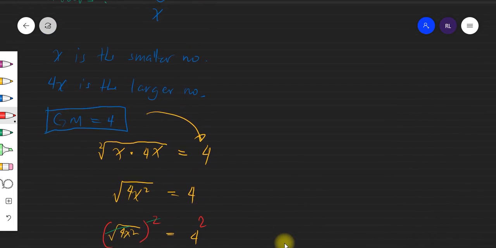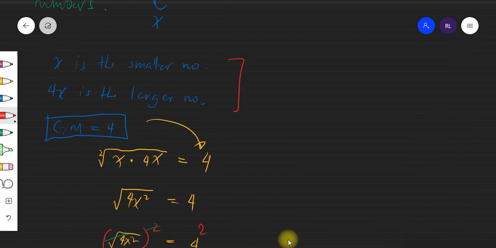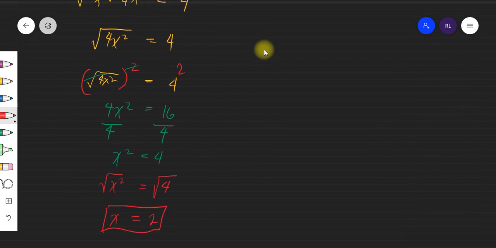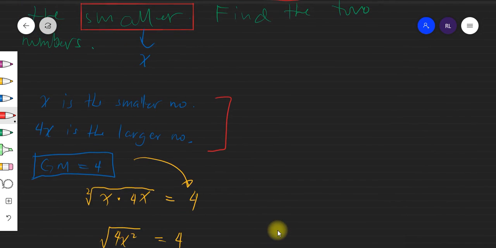So, let's go back here. What is our x? Our x is 2, and that is the smaller number. And since x is 2, we can say that the larger number is 4 times 2, which is 8.